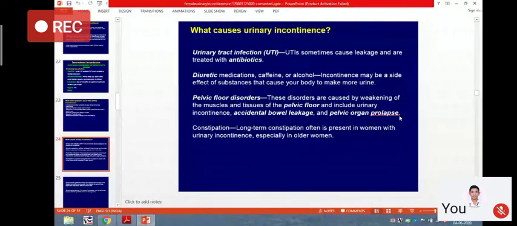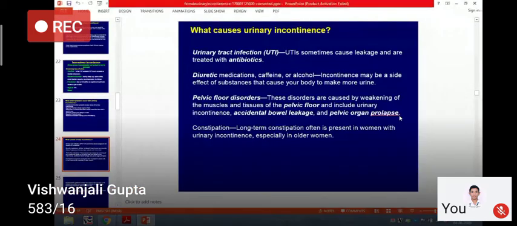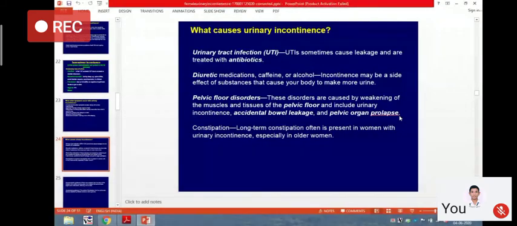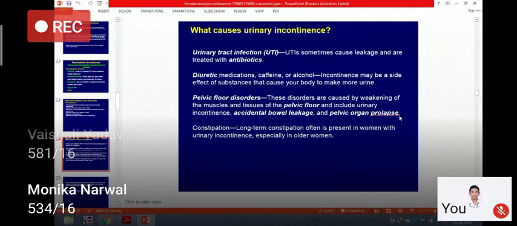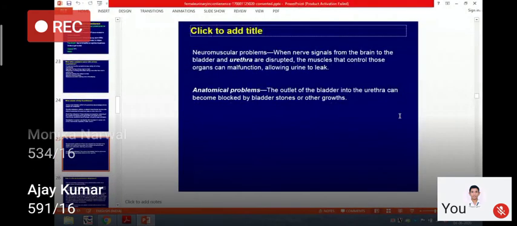These can be caused by weakening of the muscles and tissues of the pelvic floor, or in cases of pelvic organ prolapse, or sometimes constipation. Long-term constipation can lead to urinary incontinence, especially in older women.